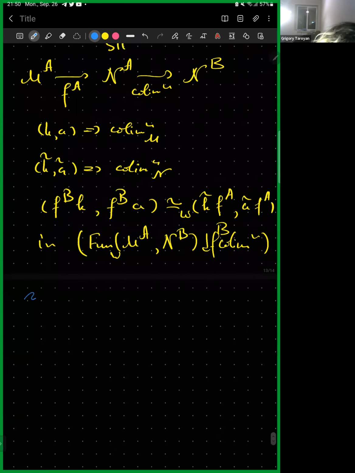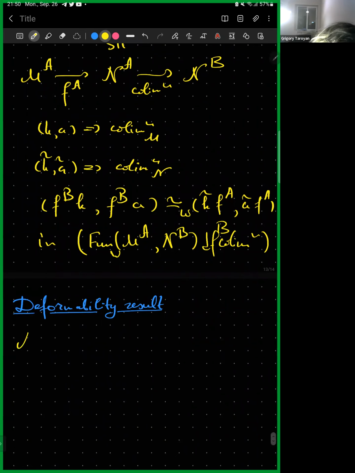So let me formulate this. Assume that M is a model category, D is a small category.